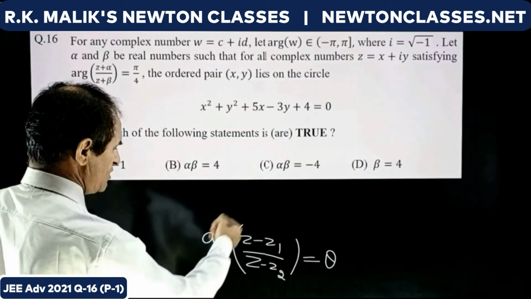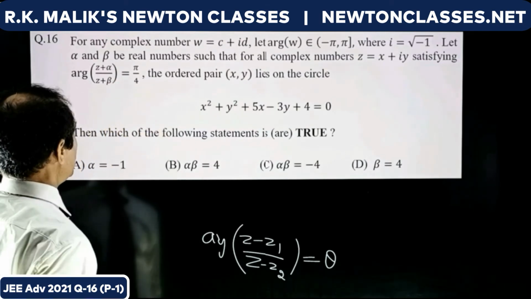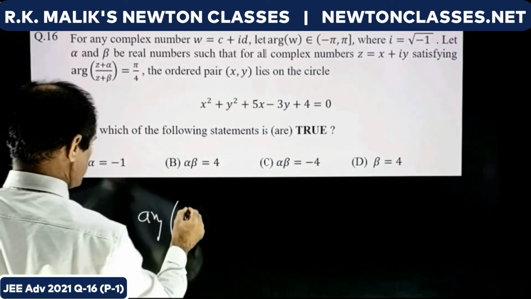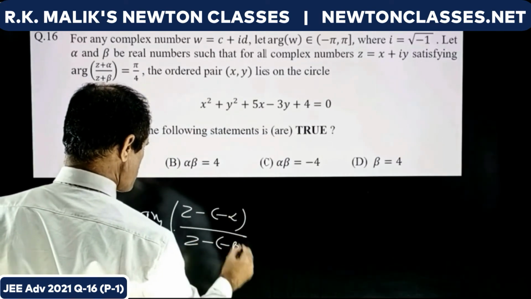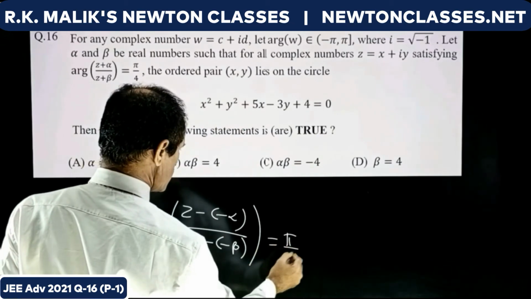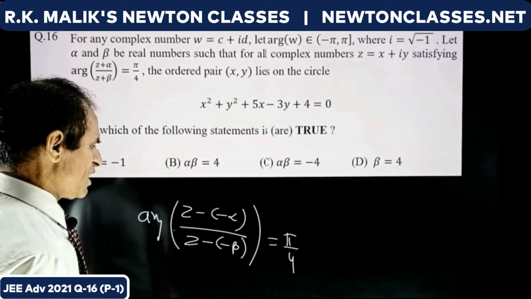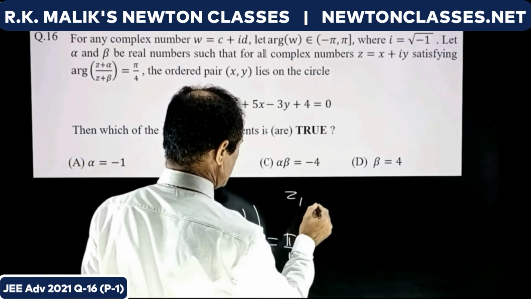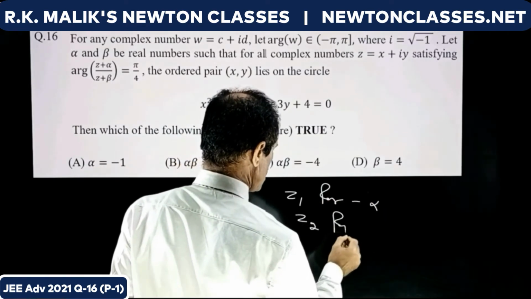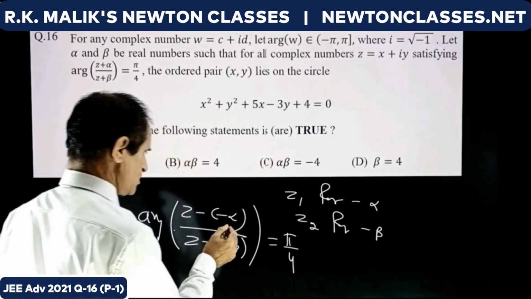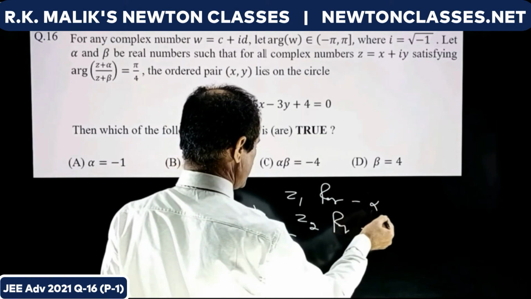Keeping this formula in mind, first I write the given equation as argument of (z minus alpha) upon (z minus beta) equal to pi by 4. For more simplicity, I will write z1 for minus alpha and z2 for minus beta, because it is a bit inconvenient to write minus alpha again and again.